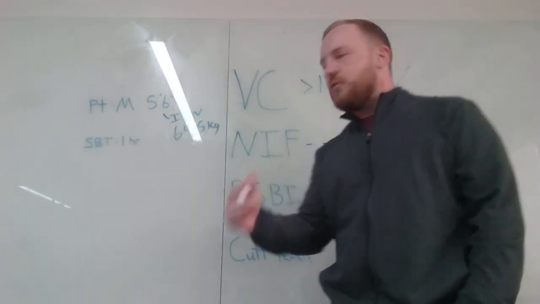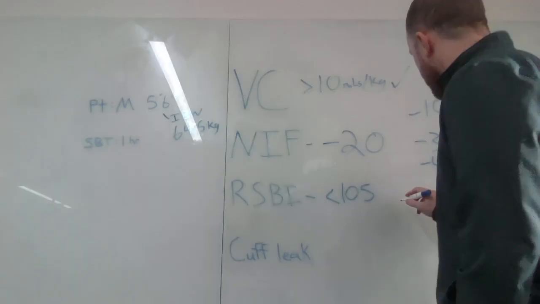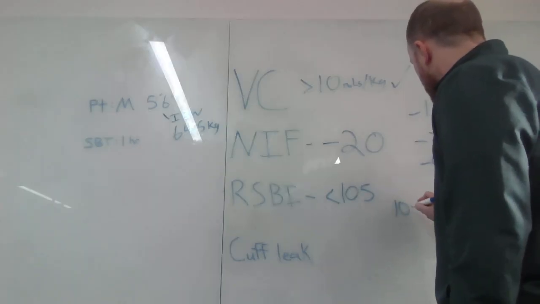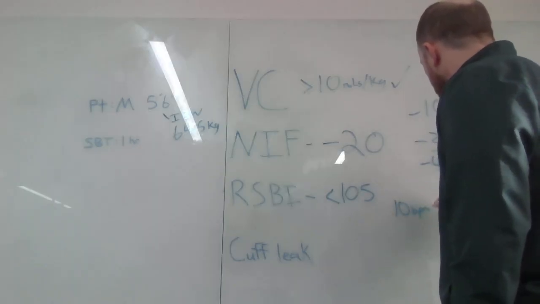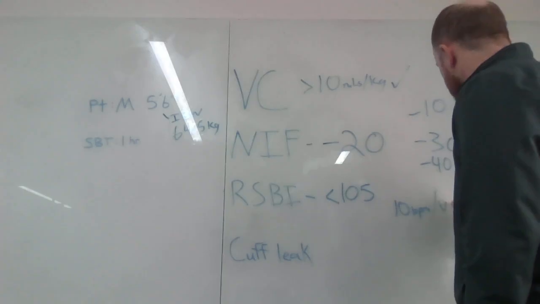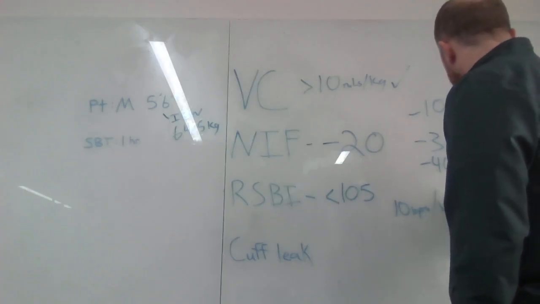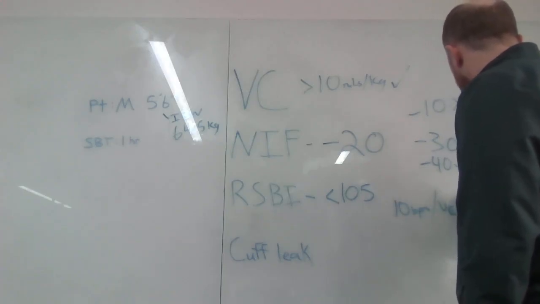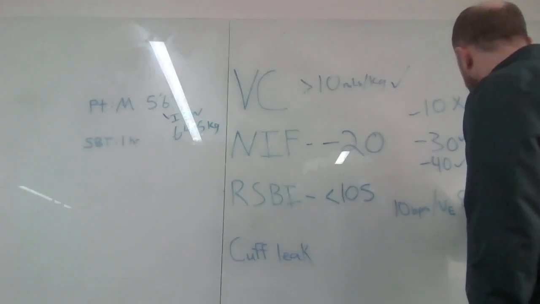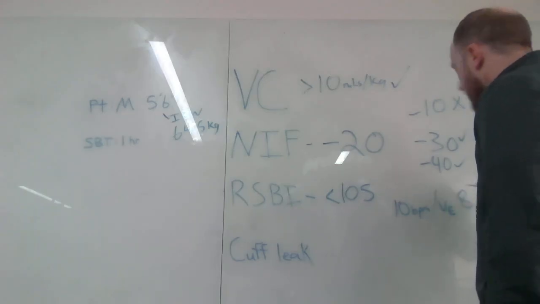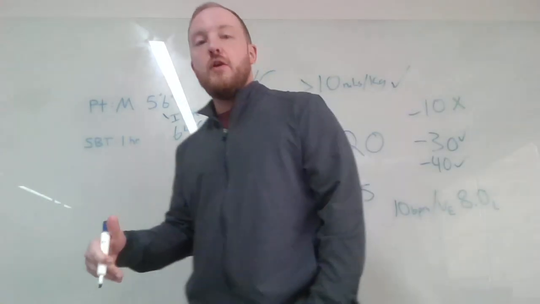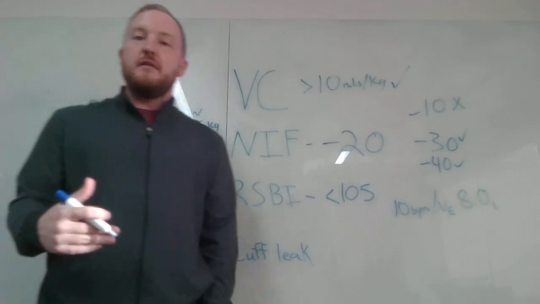So let's do a scenario real quick. We have our patient, he's on an SPT, and he's breathing 10 breaths per minute, and his minute ventilation is going to be, let's do 8 liters, okay? On your test, they could give you minute ventilation and rate. They might give you a rate.